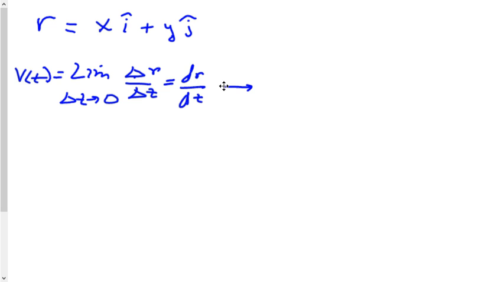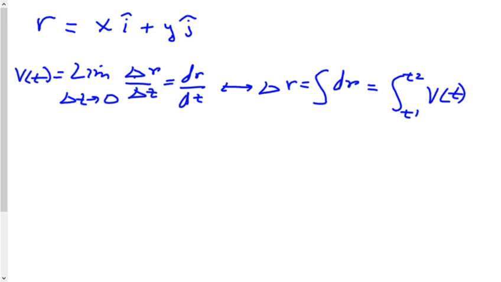And that, of course, is going to be the change in r. And what is that going to equal? The integral of dr, which is the same thing as the definite integral from t1 to t2 of v(t) dt.